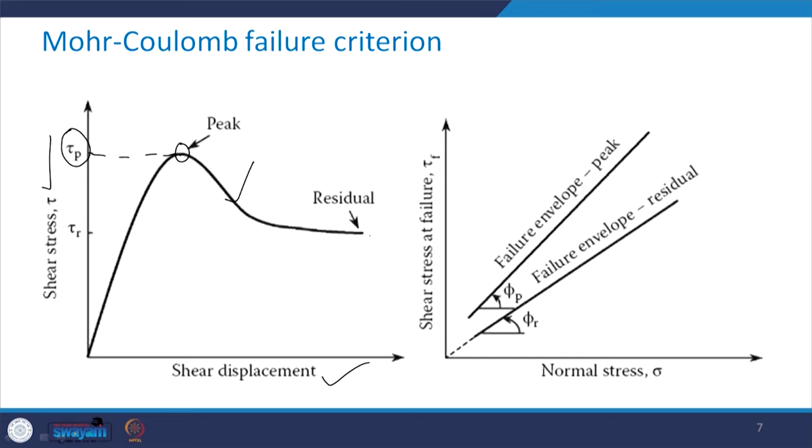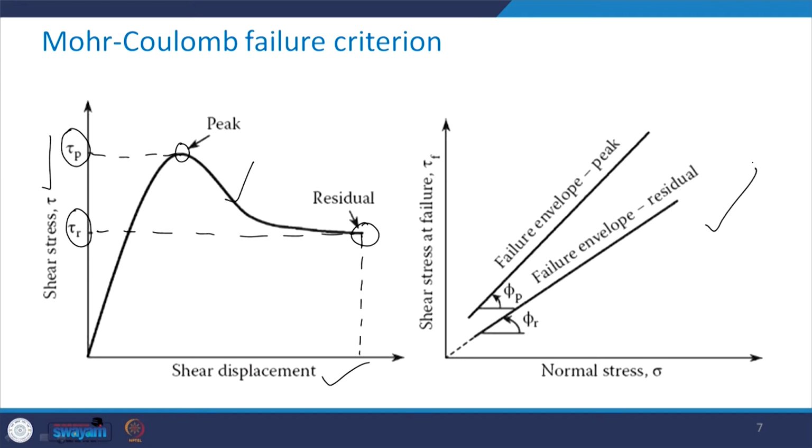However, at the end, when you have a large value of the shear displacement, corresponding to this value you have the residual shear strength, which is represented as tau r.